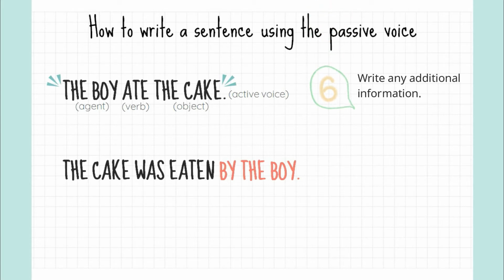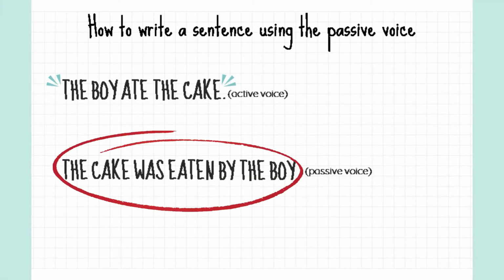Move the rest of the additional information we could have at the end of the sentence. Now that we know all the steps we have to follow, we have our final sentence in the passive voice. The cake was eaten by the boy. As you can see, now the cake is the most important part of the sentence.